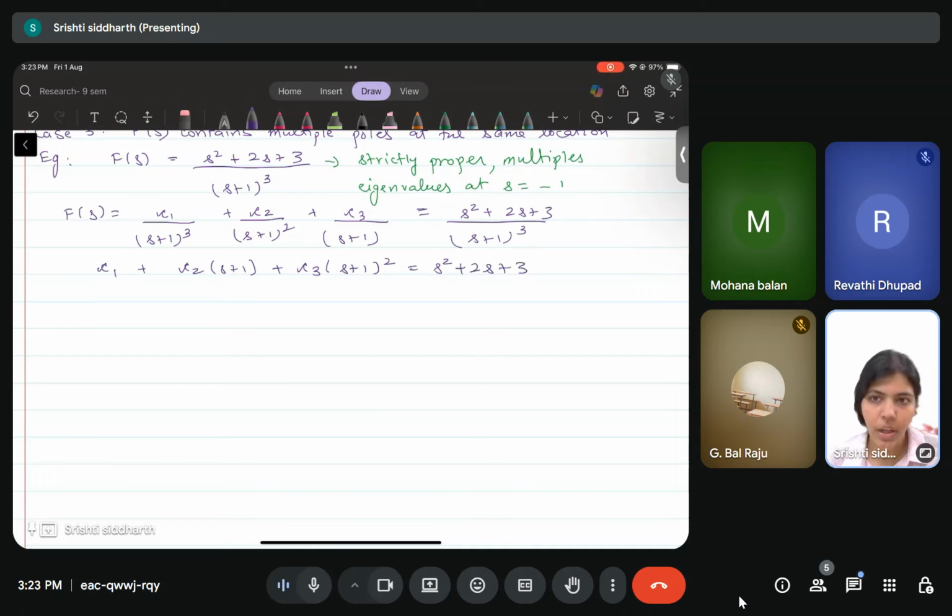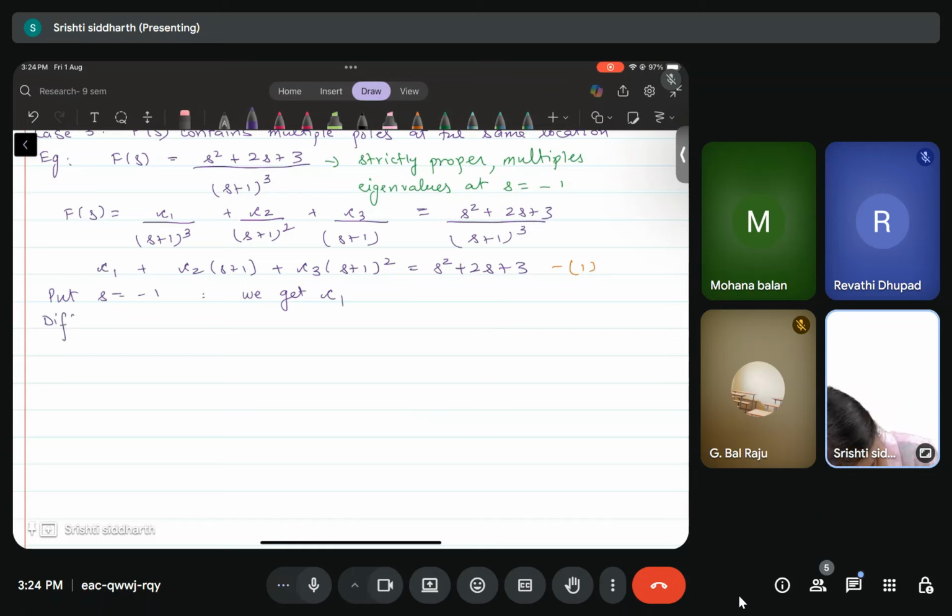Alright, so you can observe that if you put s equals minus 1 on both sides, we get the value of c1. We have to get the values for c2 and c3. You can see if we differentiate this equation, let's name it 1, with respect to s and then substitute s equals minus 1, we'll get c2.